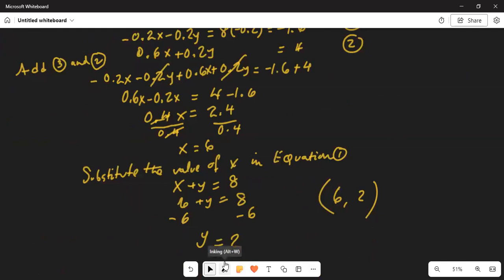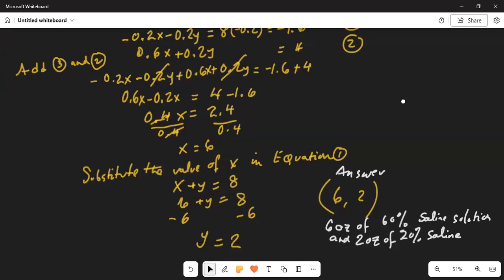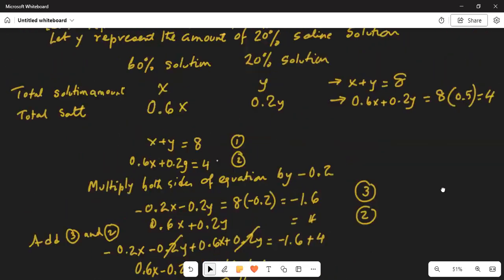So 6 ounces of 60% saline solution and 2 ounces of 20% saline solution. This is your answer, written as an ordered pair.